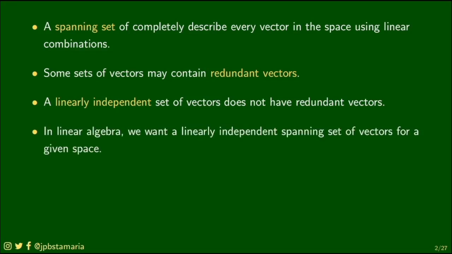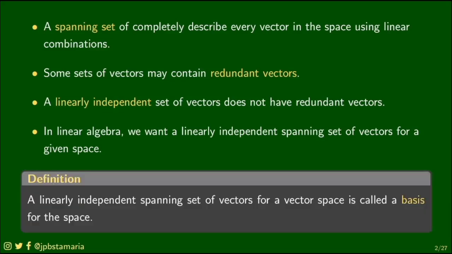In linear algebra, we want a spanning set for a given space that doesn't contain a redundant vector, because we don't want redundancy in mathematics. Therefore, we want a linearly independent spanning set. If a given set of vectors is both linearly independent and spanning for the given space, we call it a basis for the vector space.